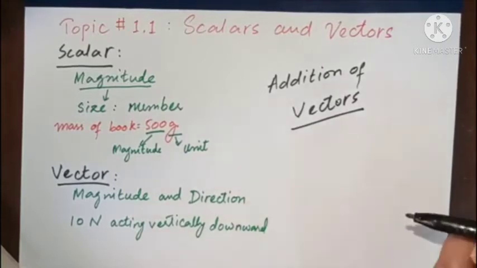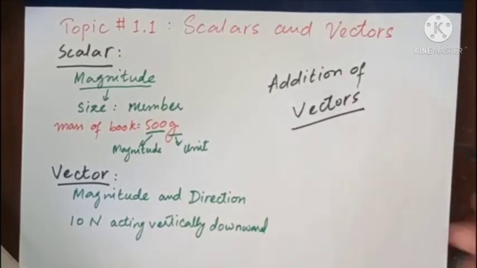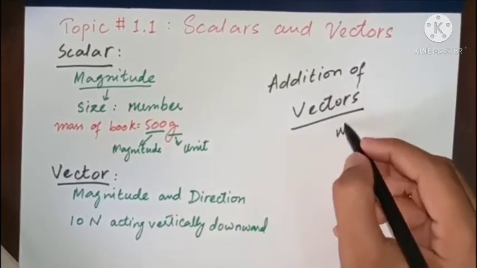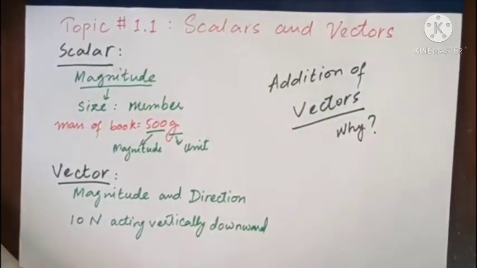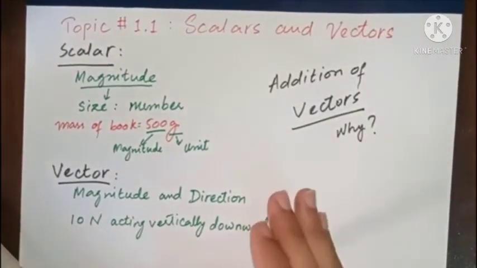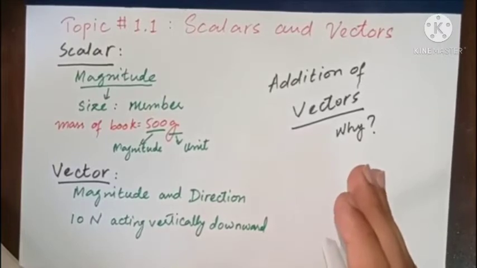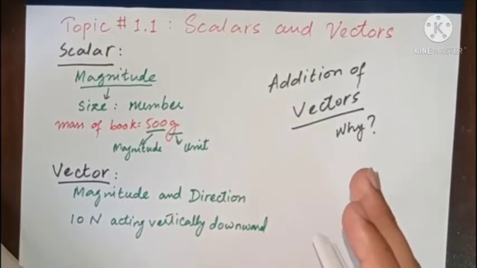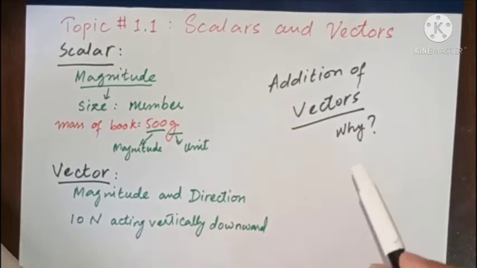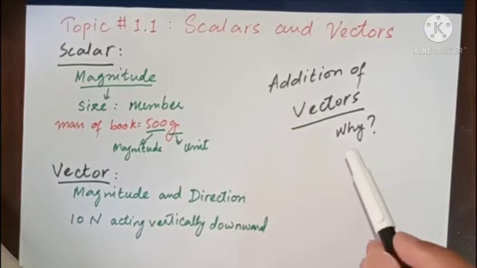So far we have discussed two quantities, scalar and vector. Then a question arises, why are we discussing only vectors? Its answer is, scalars are added or subtracted by simple mathematics rules, while vectors are not supposed to be solved by simple mathematics.